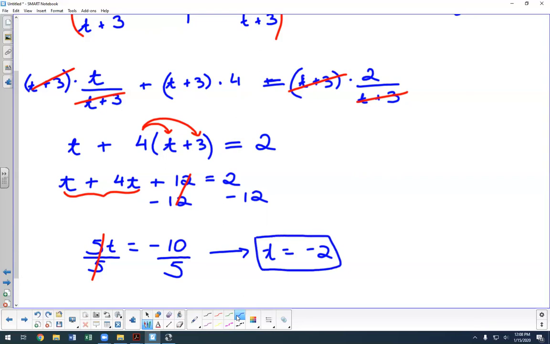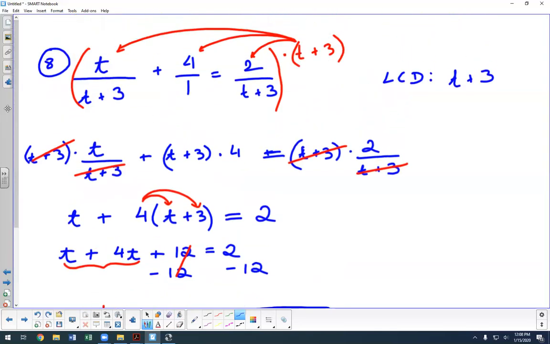Now the question is, is this answer going to make our denominator 0? Will -2 make our denominator a 0? No, because when we put -2 in for t, -2 plus 3 will give us +1, right? So that means that's a safe answer to use.